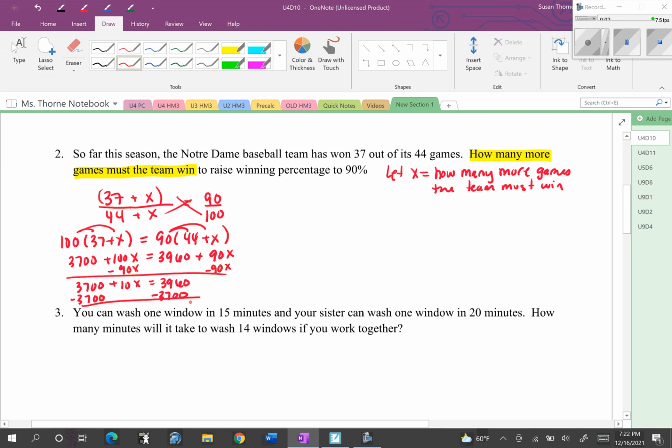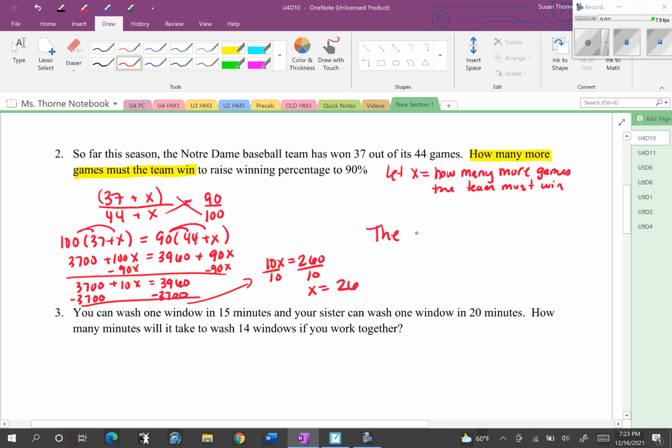And so then we're running out of room here. We get 10x equals 260, divided by 10, and x is equal to 26. So that means they must win 26 more games to reach 90%.